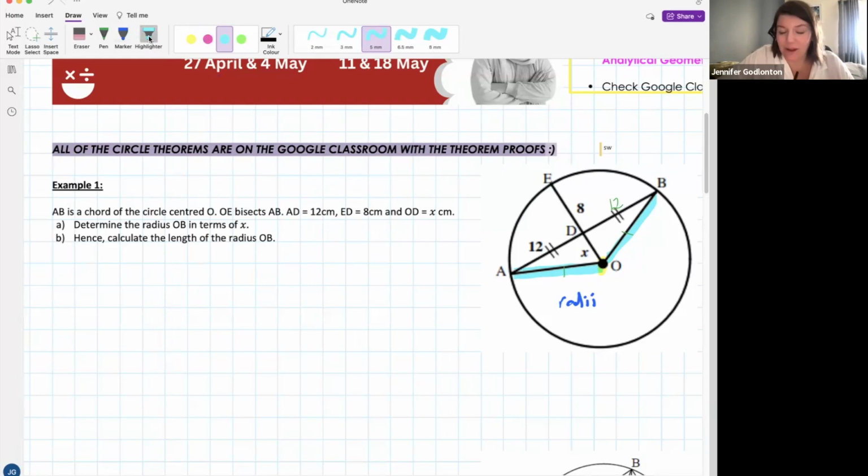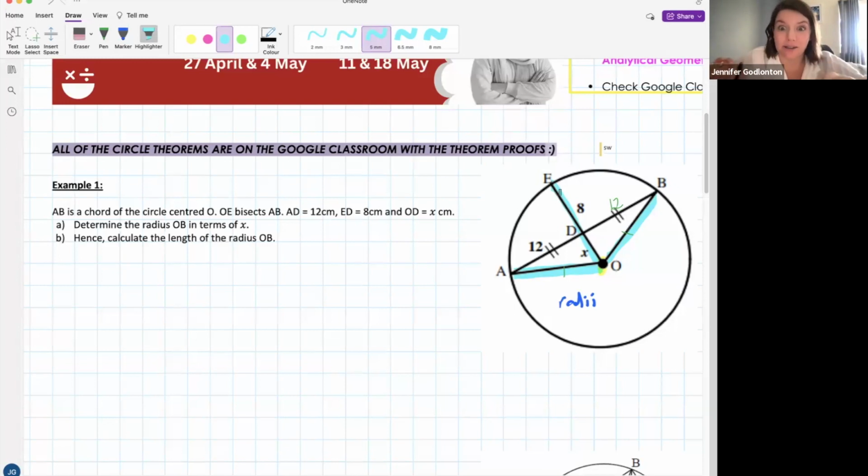What are the letters of my third radius? Yes, beautiful. EO.